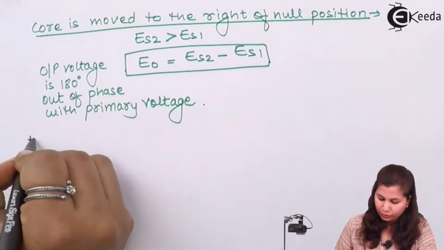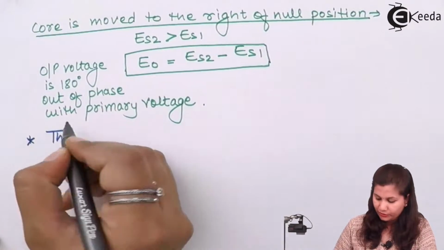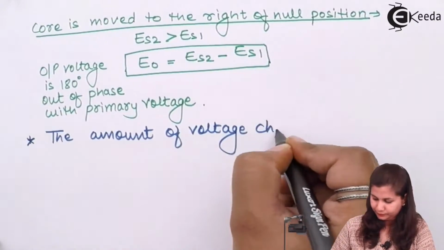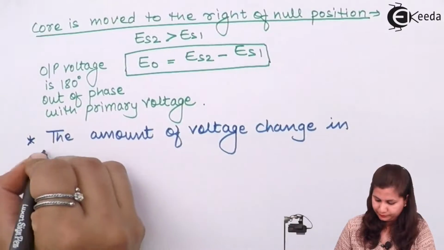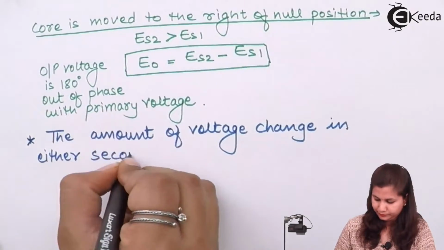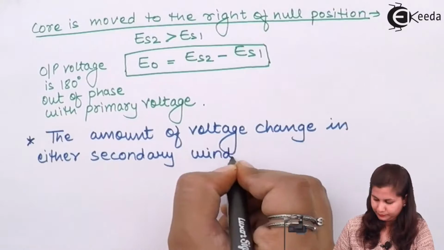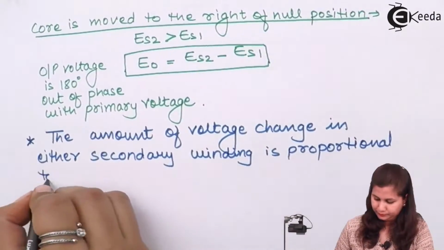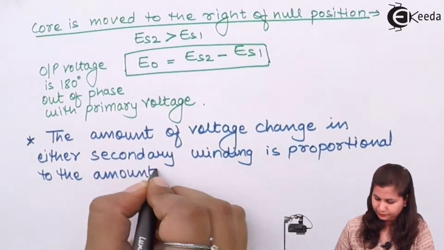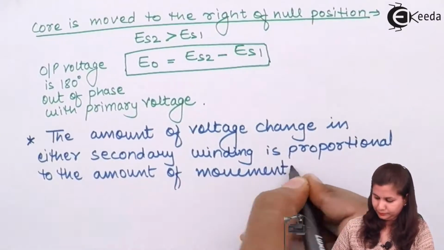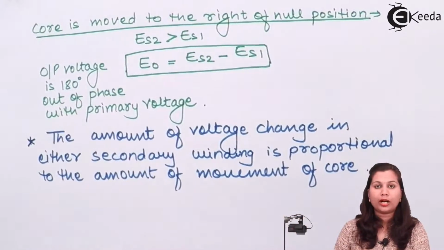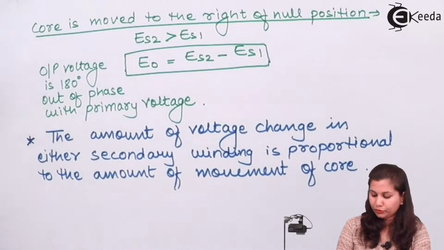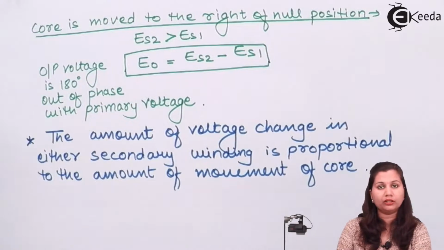So here we can conclude that the amount of voltage change in either of the secondary windings is proportional to the amount of movement of the core.